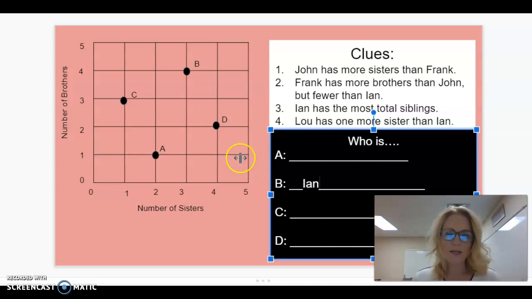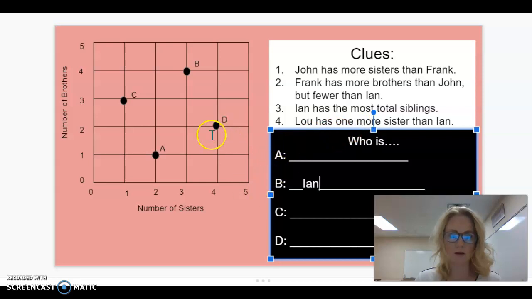So if we know that Ian is B, which is the only point that has more sisters, is further right. So Louis must be, because right here, number 4, Louis has one more sister than Ian.